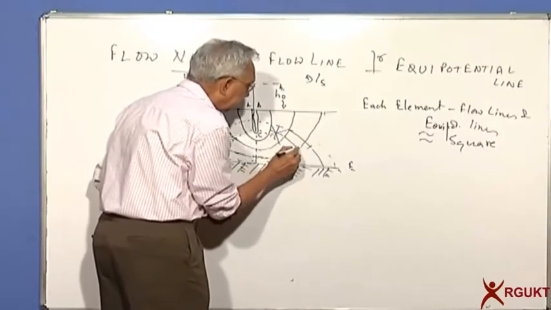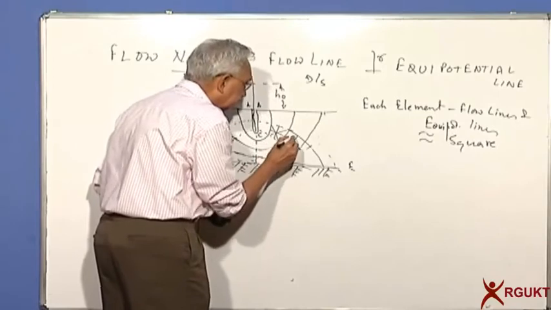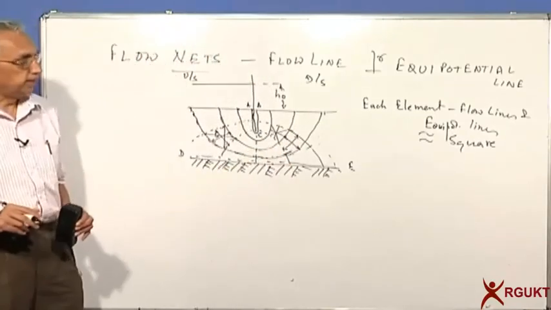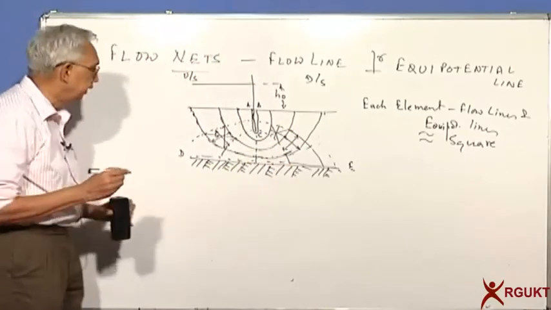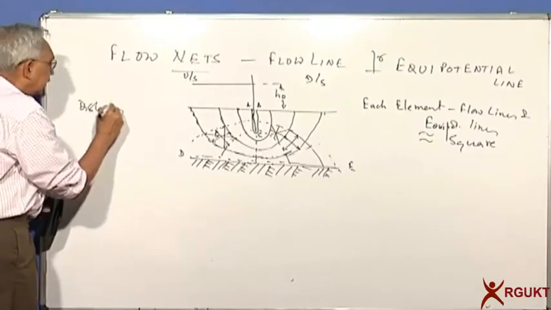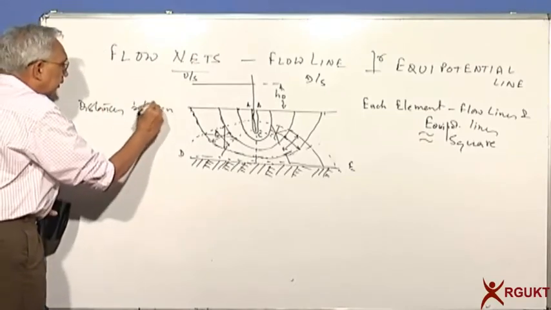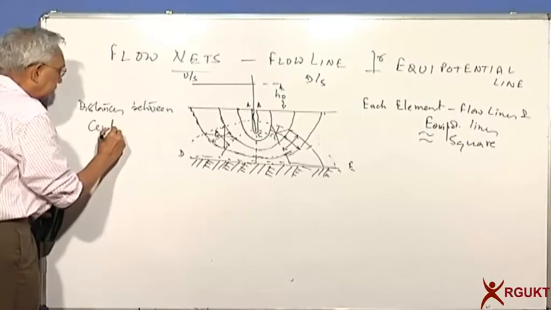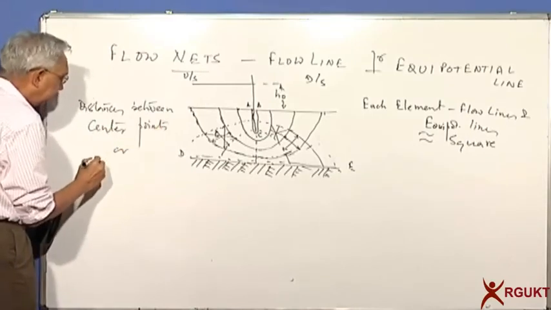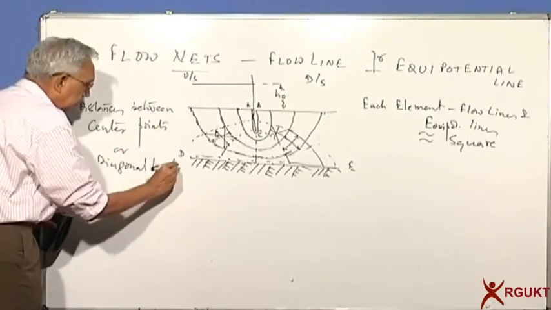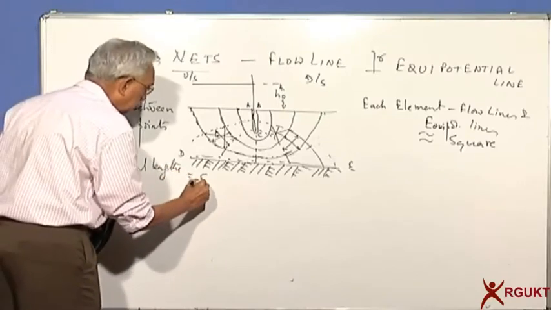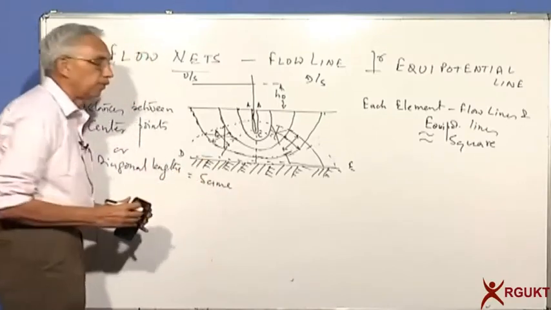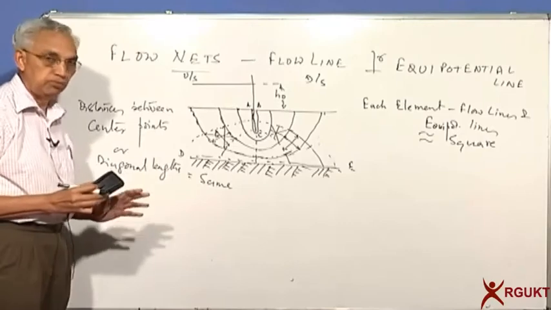Each time you are looking at these two dimensions, and they should be same. The distances between center points or the diagonal lengths should be same. That we call as a very good flow net.